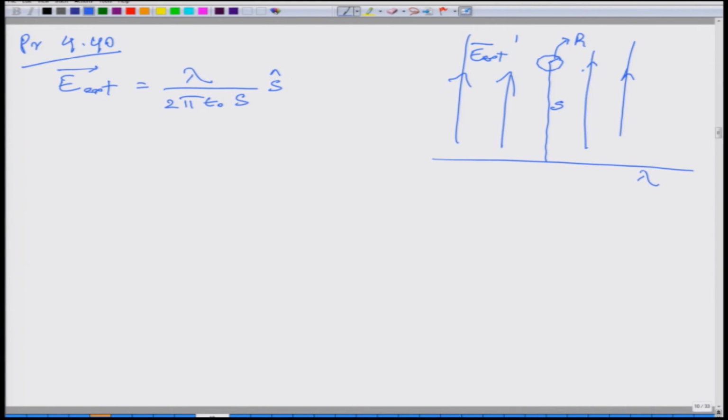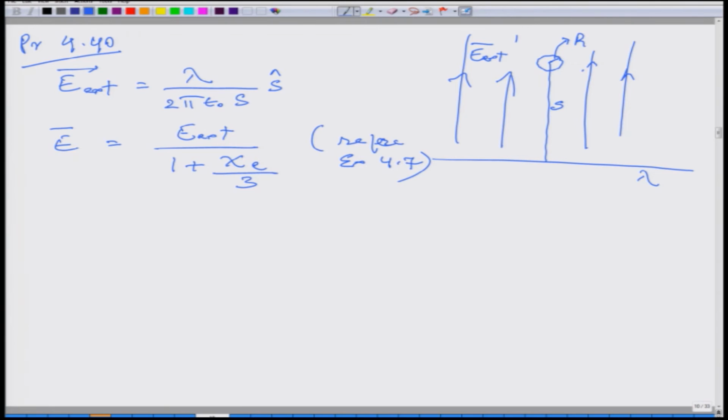Now, if you would like to find out the field inside the sphere, it would be nothing but E external divided by 1 plus the susceptibility of the sphere divided by 3. Please refer to example 4.7 for this.